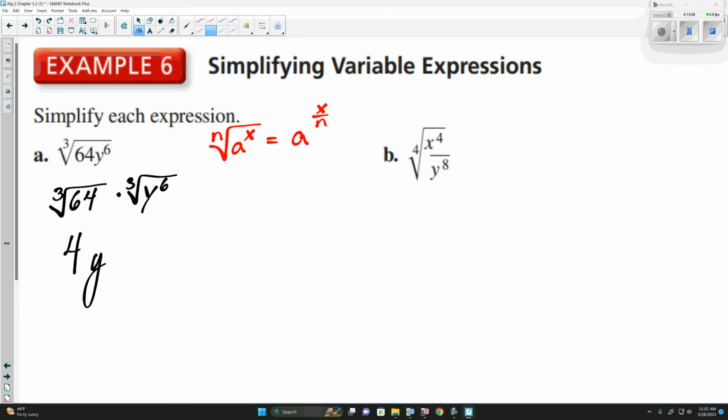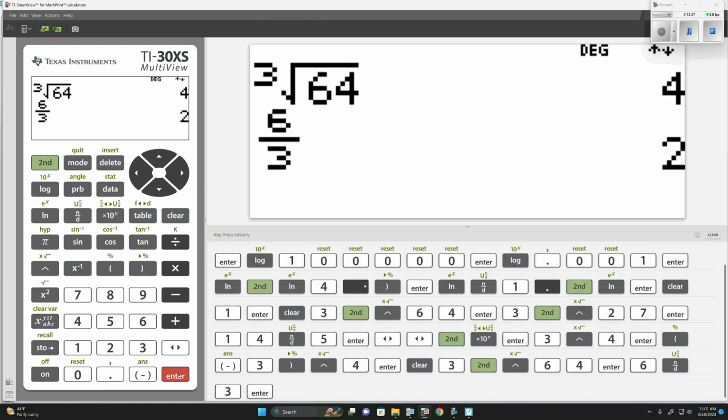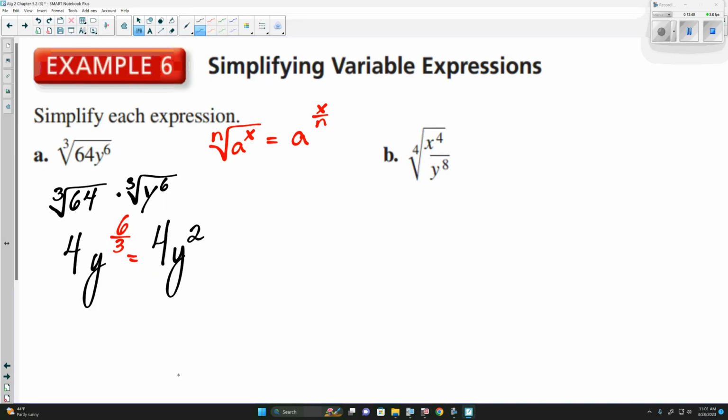So for the fractional exponent of the cubed root of y to the 6th, the numerator of this fraction would be the exponent of 6, and the one on bottom would be 3. So the 4 is already simplified. What would 6/3 reduce to? 2 over 1, or 2. 6/3 is 2.